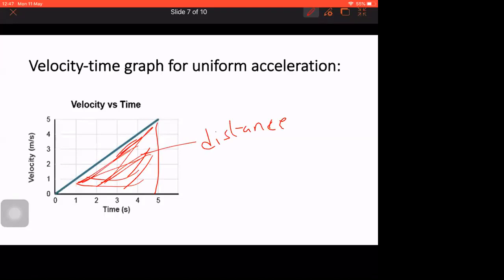So whatever area you have here, it is the indication of the distance it has covered, right? Velocity is how much distance it has covered in that particular time. So all this area is the distance only, right? All this distance it has covered and it is moving forward in this particular time.